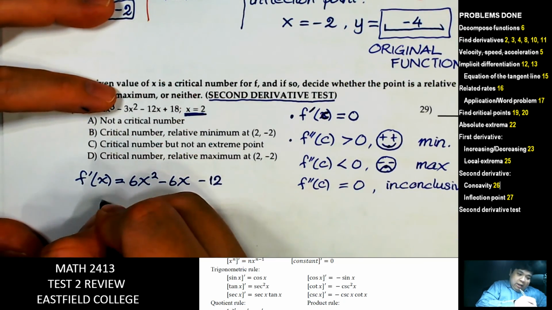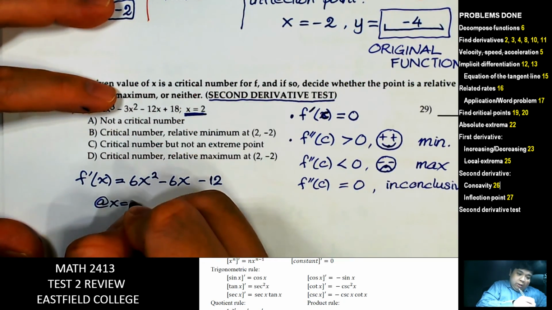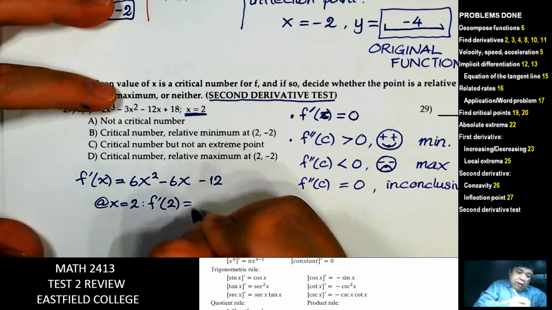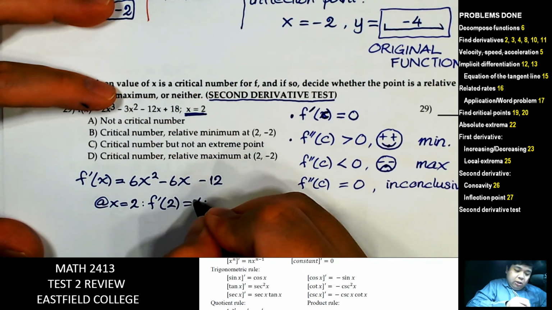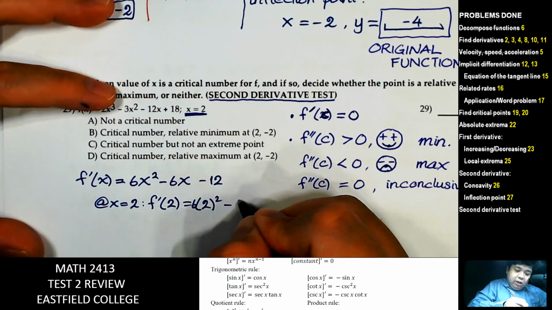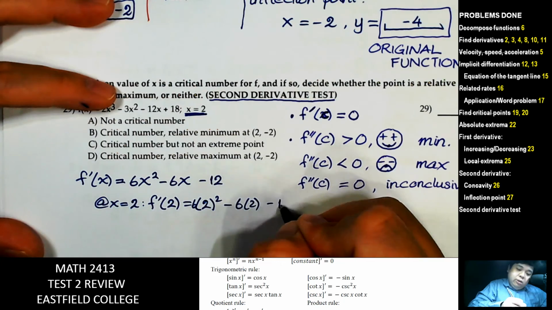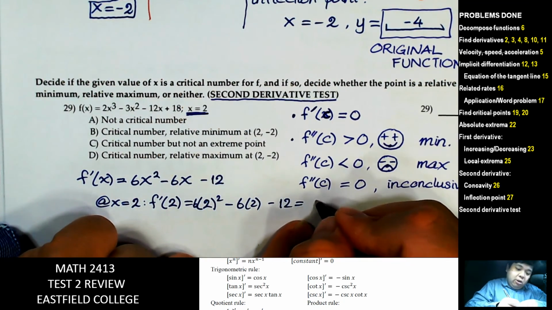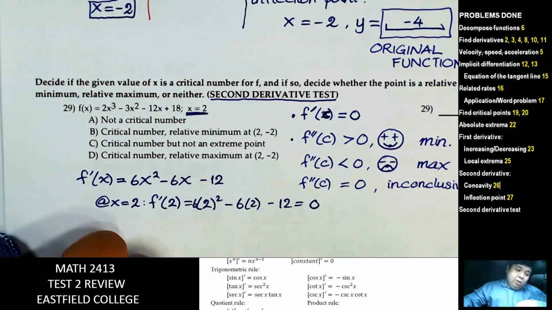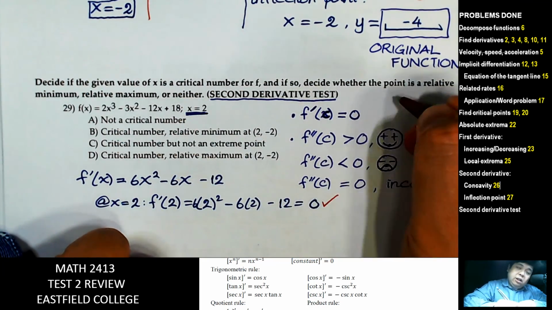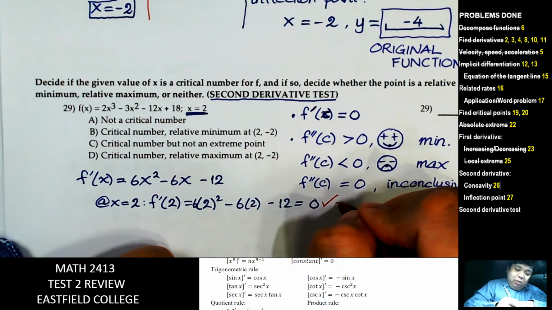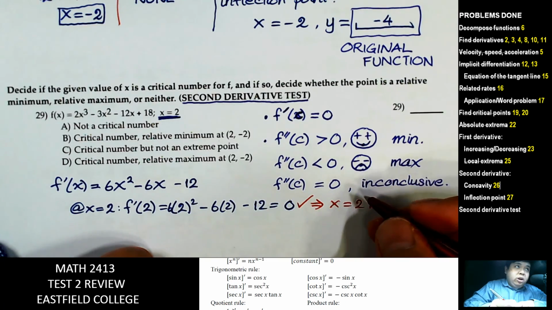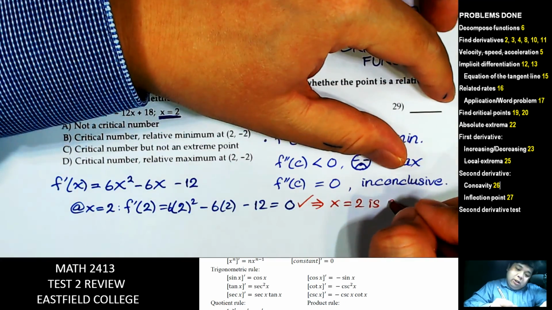So at x equal to 2, the first derivative equals 6 times 2 squared, minus 6 times 2, minus 12. So 6 times 4 is 24, so that is 0. That means that is good. The first one checks, which means x equal to 2 is a critical number or critical point.